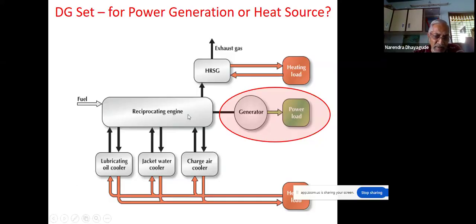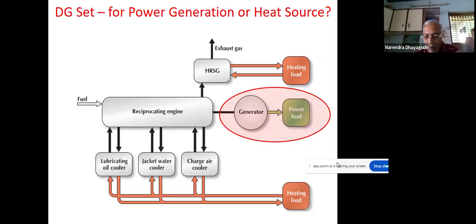After burning the oil or the diesel, this exhaust gas is there, which is very hot. So we can extract heat from this. Also, the lubricating oil cooler is there, jacket water cooler, and charge air cooler. So these three equipments are there for cooling of the oil, etc. So again, there is excess heat, and this heat we can utilize by some other means.